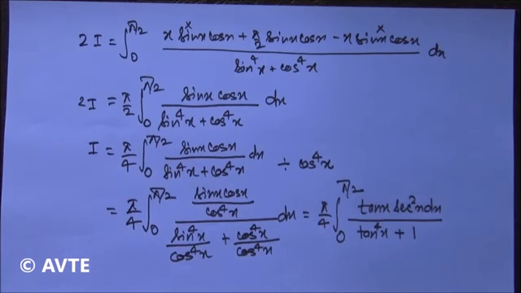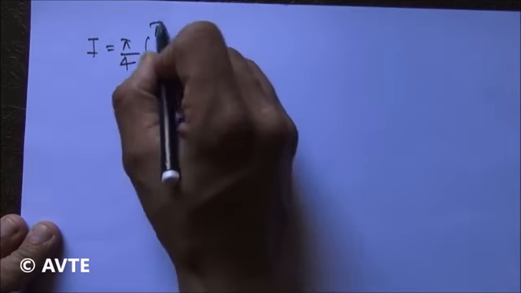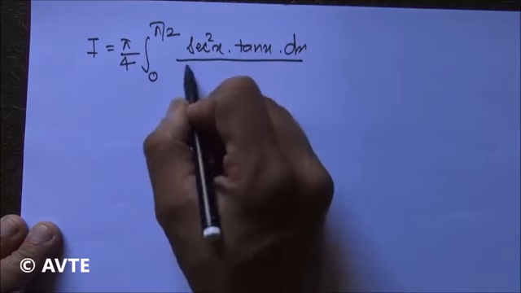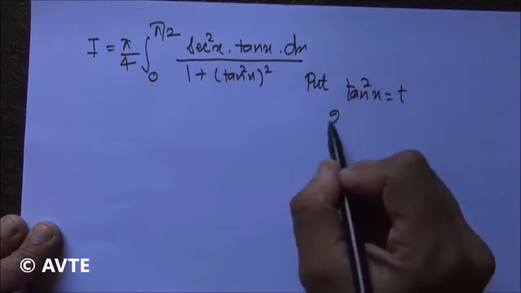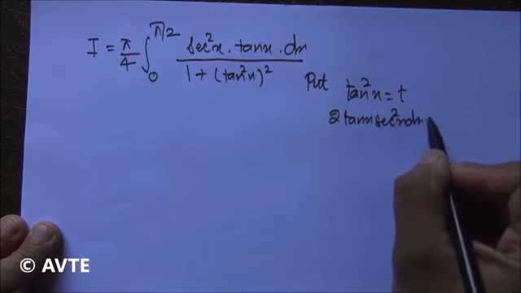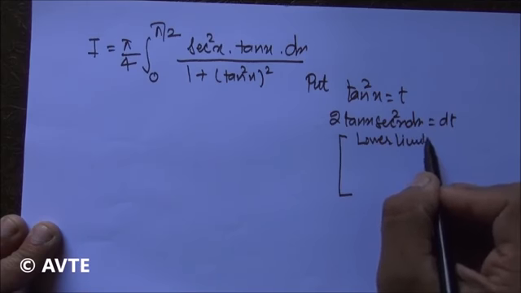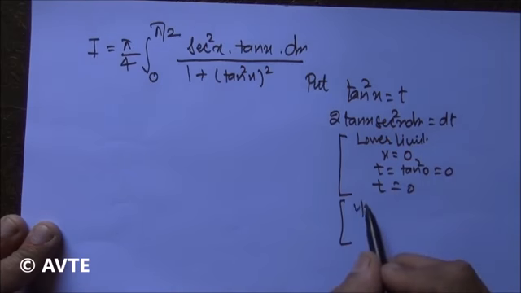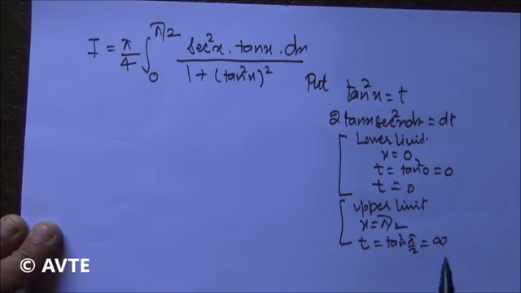And now we can put tan square x is equal to t. Also changing the limits, the upper limit is infinity.